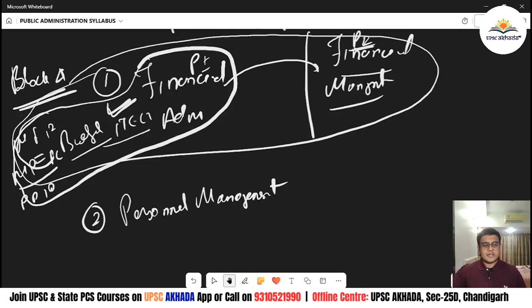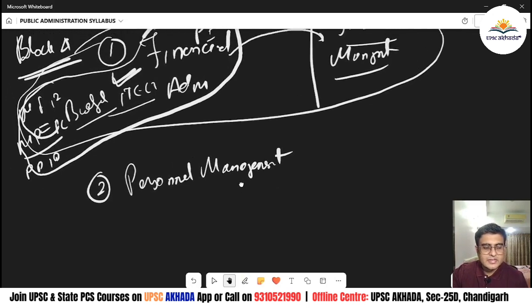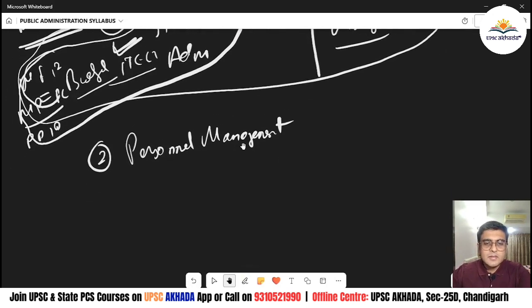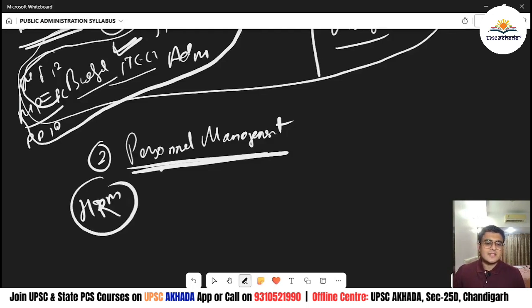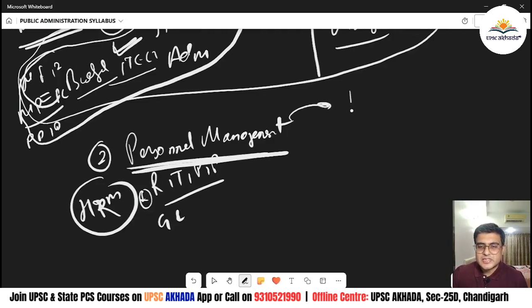Similarly, the other chapter in the block is personnel management. This basically deals with human resource management in simple parlance. It talks about recruitment, training, pay, promotion, grievance redressal in administration, and its application in Indian administration, that is paper 2.